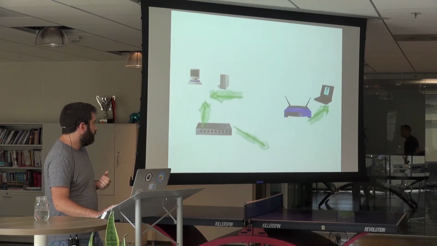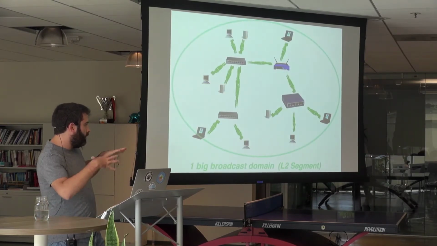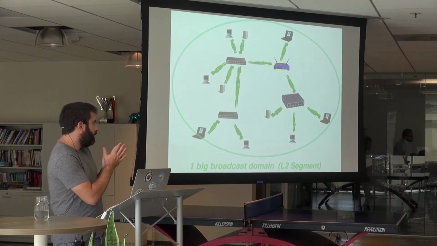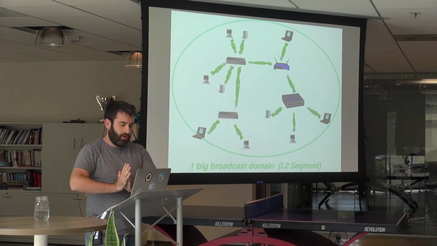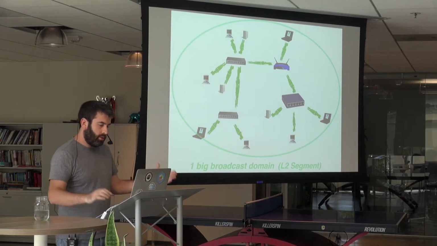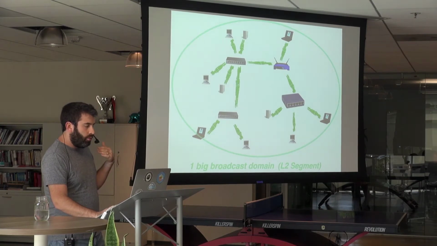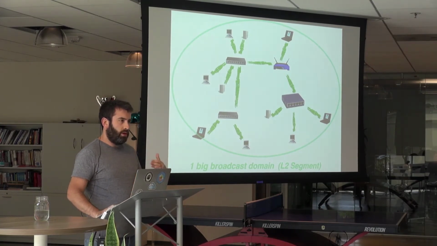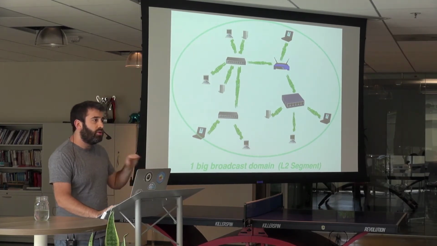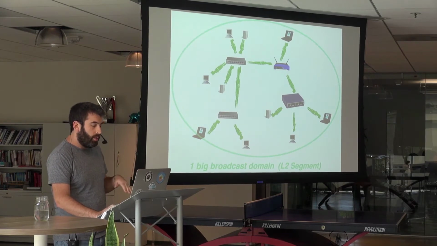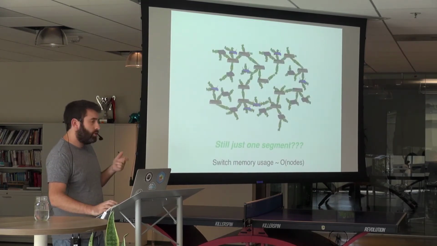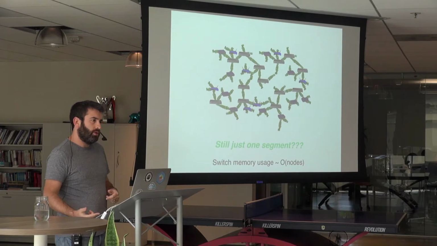So the question that comes up is, as you attach more and more things to the network, your broadcast domain gets bigger and bigger. And the switches will help you reduce the amount of network traffic of flooding frames that aren't even necessary. But the switch memory has to grow linearly with the number of nodes in the network.